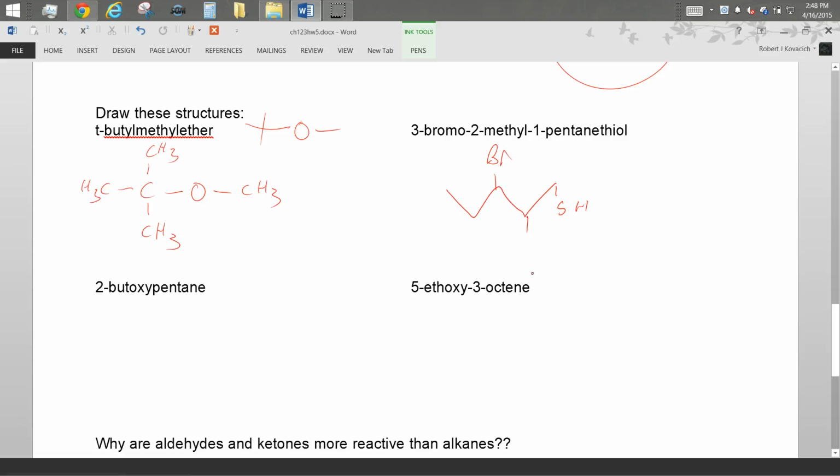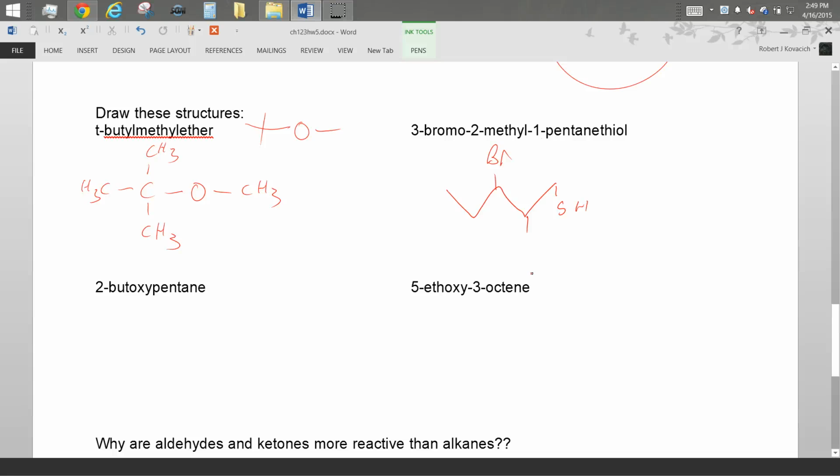Okay, so this name is what type of name? It's the IUPAC name for an ether, as opposed to a common name for an ether.